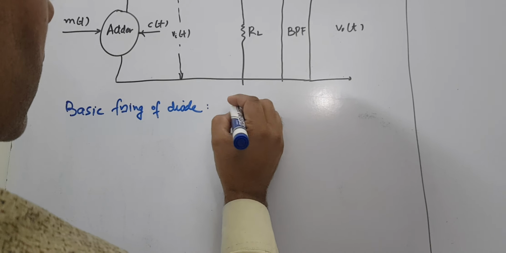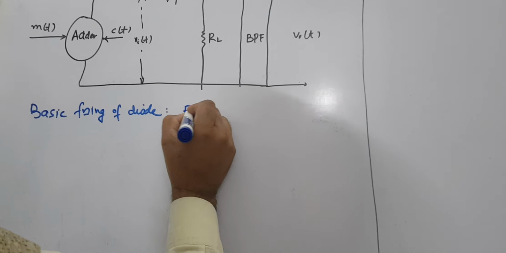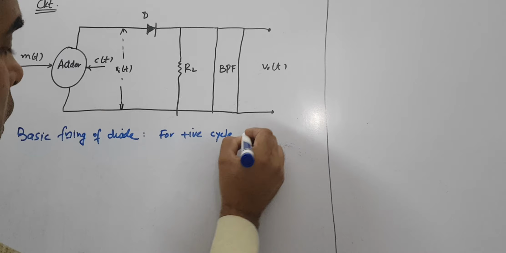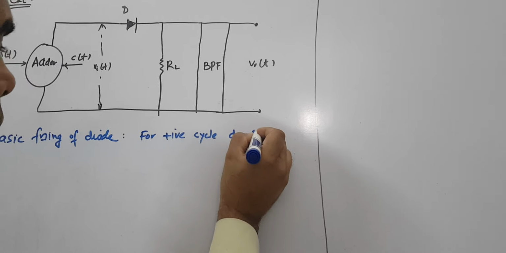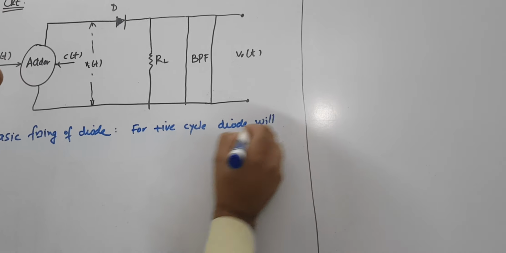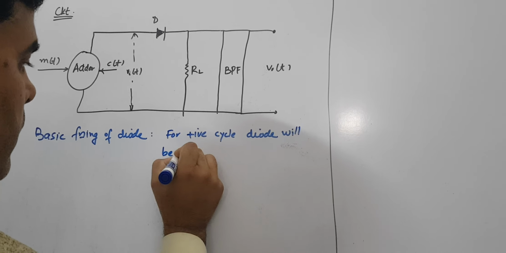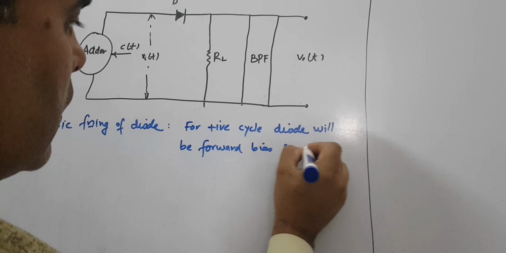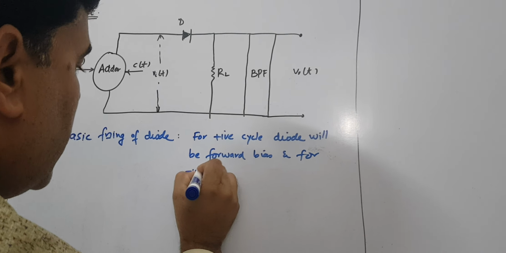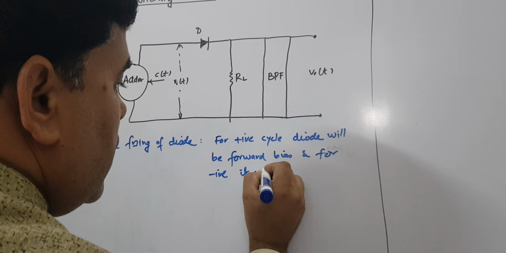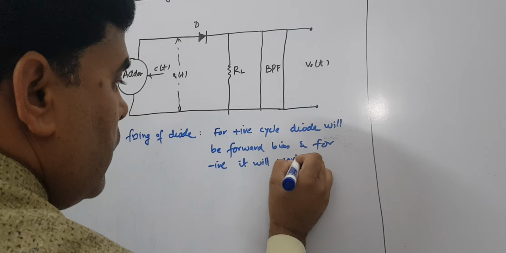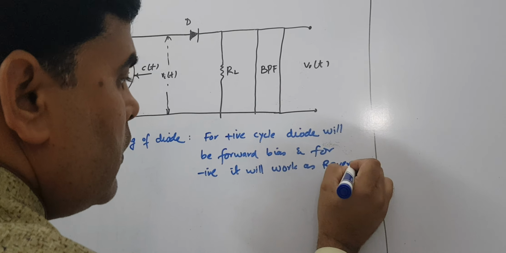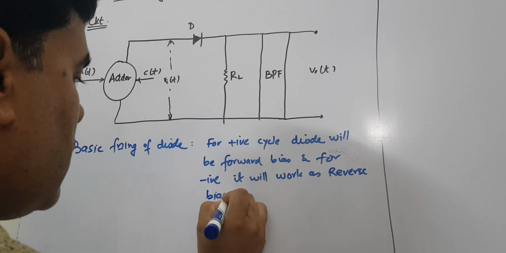We know that for the positive cycle, the diode will be forward biased, and for the negative cycle it will work as reverse biased.